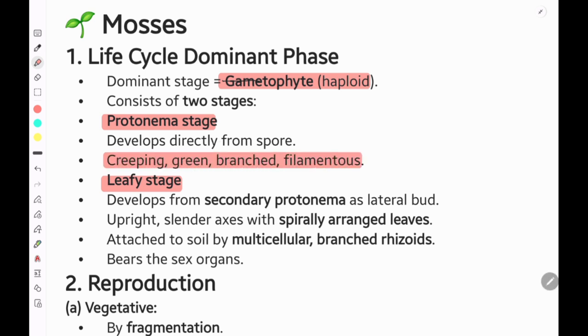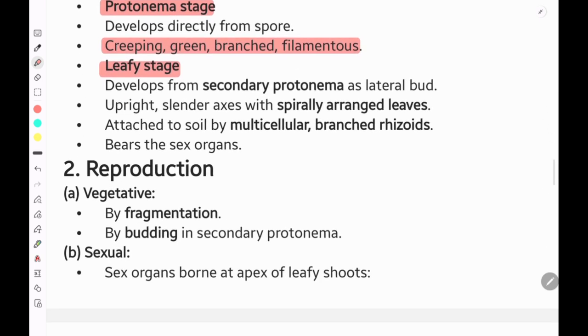They are small creeping, branched, filamentous. After the development of the protonema, it first produces the secondary protonema as a lateral bud in an upright position. If a spore germinates, it will produce protonema like this.